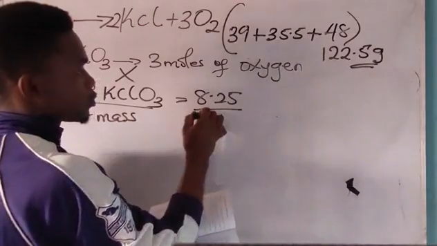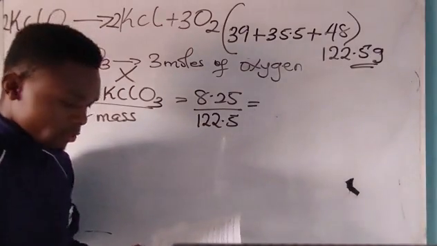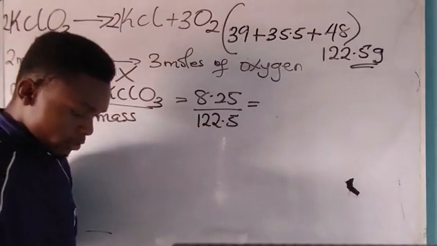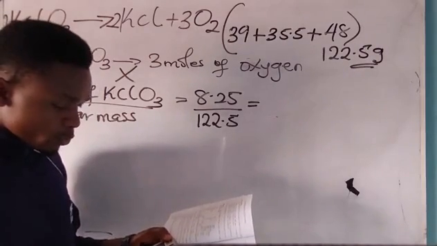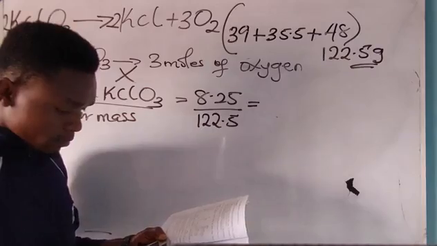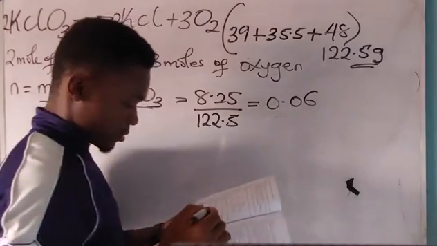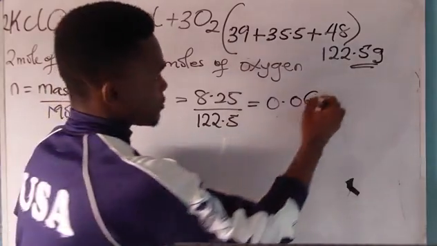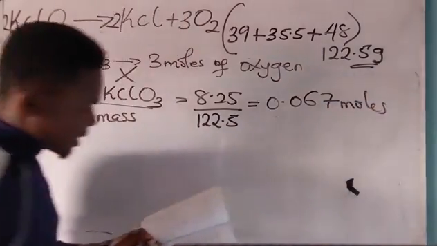Then the molar mass is what? 122.5. So let's divide. 8.25 divided by 122.5, I'll have 0.067, 0.06 moles. Is that the answer?